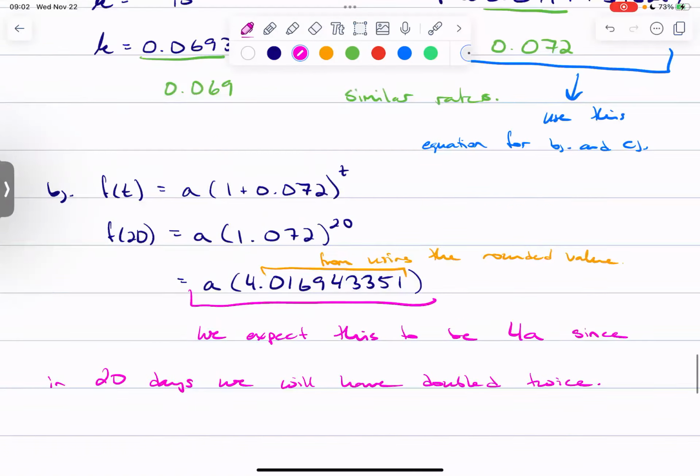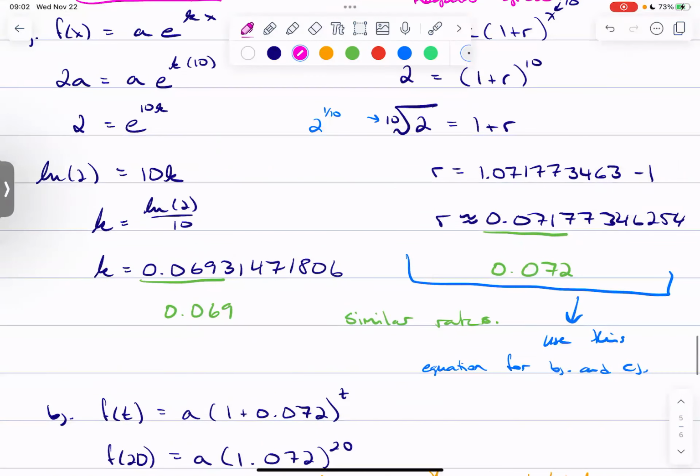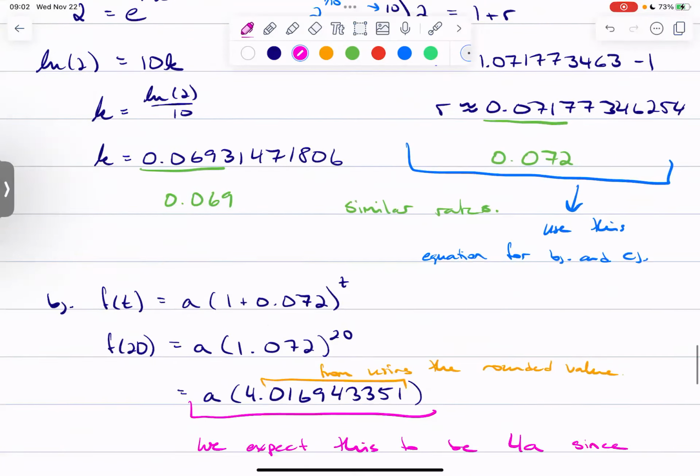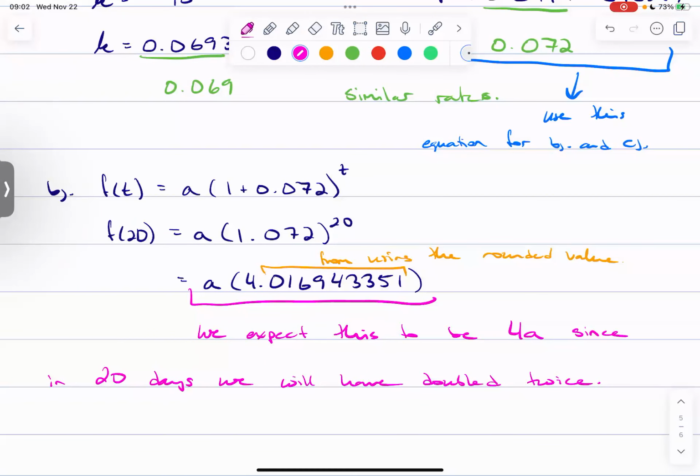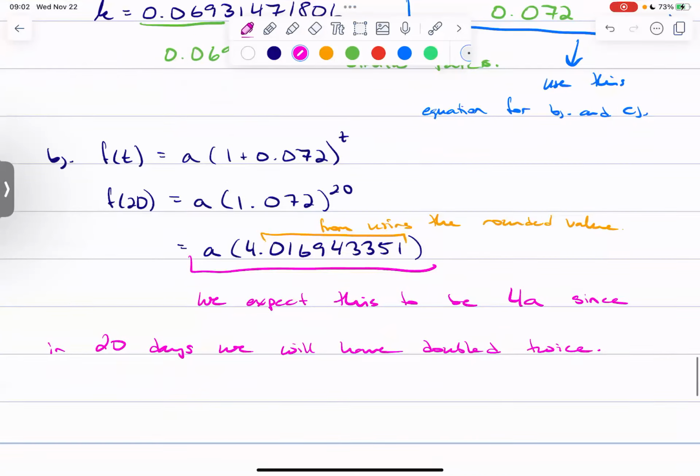I'll do 2 to the 1 over 10 minus 1, and I guess plus 1, to the power of 20 is 4.